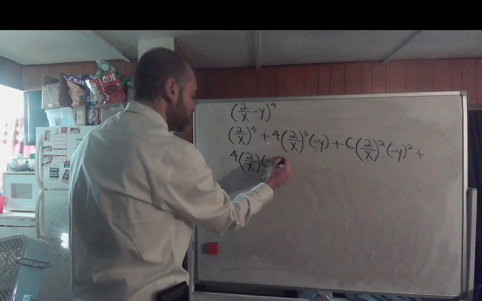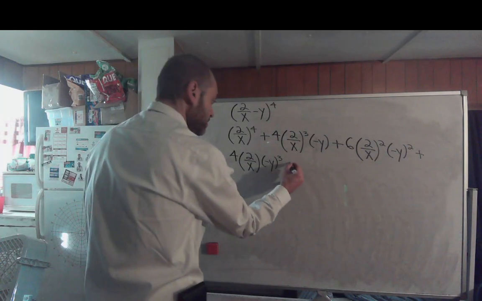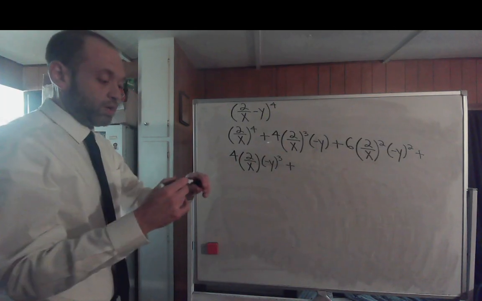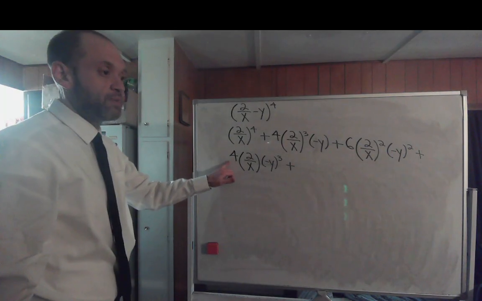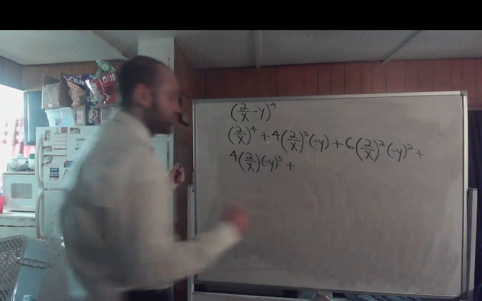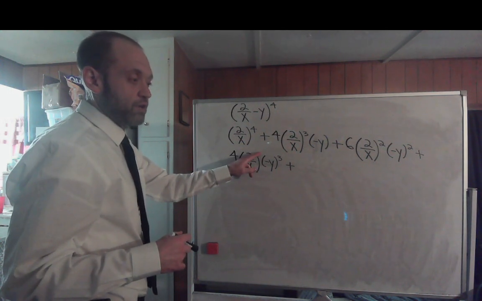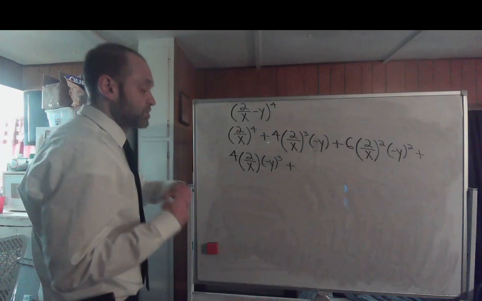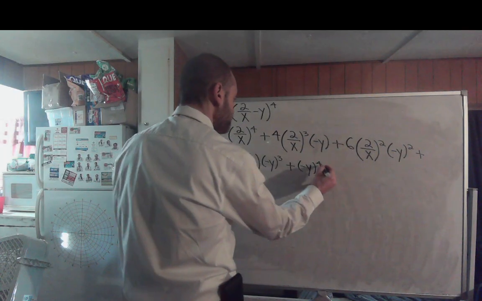So that'd be negative y to the third. Then we should just have 1 more term. Bring down that power of 1 on the 2 over x, multiply it by 4, you get 4 divided by the term number of 4. That should just give you 1, times that 2 over x raised to the 0, that's also 1. So you should just end up with plus negative y to the fourth power.